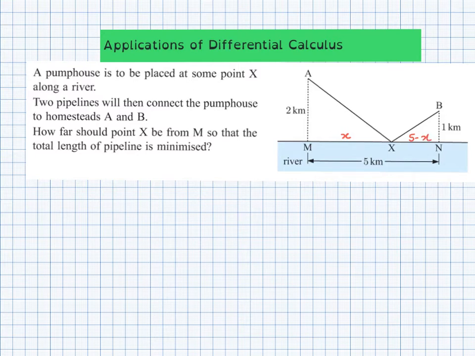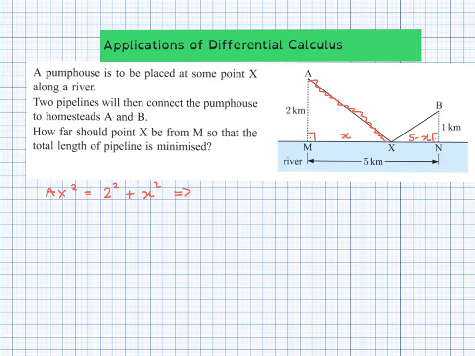Now using Pythagoras, because we can see that here we have a right angle triangle, we can find this length from A to X. So we're going to find the length AX. AX to the power of 2 is equal to the other two sides, 2 to the power of 2 plus x to the power of 2.